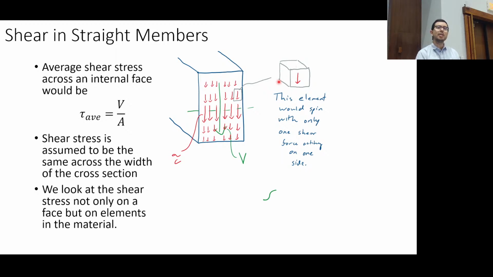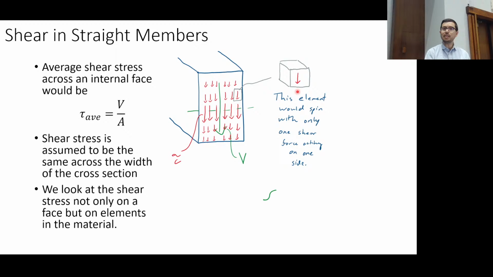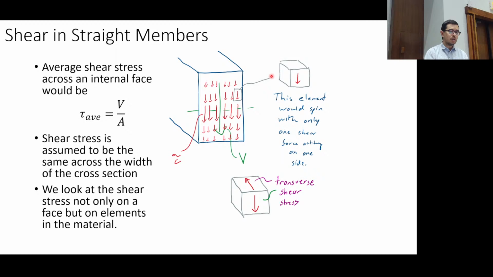This is a 3D element. Can it be throughout the entire volume? This is infinitesimally small, so you're right, there could be some type of normal stress on these faces. In reality, though, what we're thinking about is that it's going to be balanced by a normal stress on the backside.